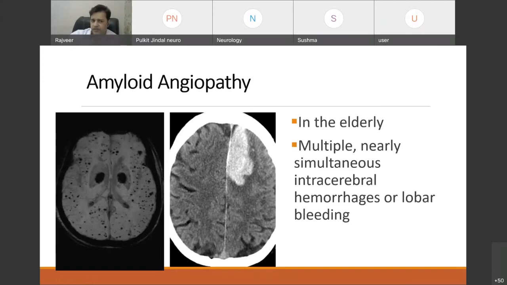It is done to detect hemorrhages. So you can see multiple black dots. These are all small hemorrhages, and two large thalamic bleeds. Or sometimes they may present with a single lobar bleed. So if you find multiple small bleeds in an old age patient, with or without a lobar bleed, you should suspect amyloid angiopathy.